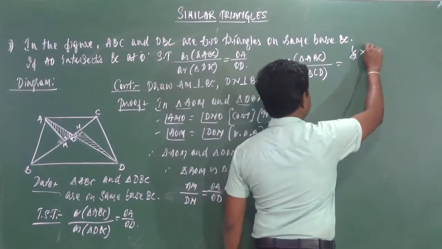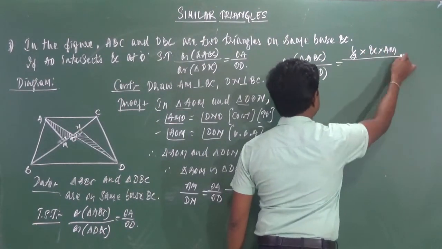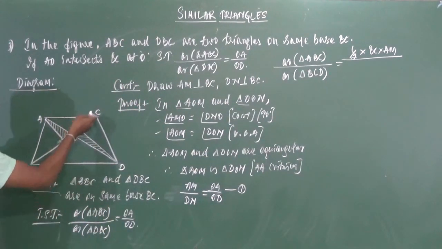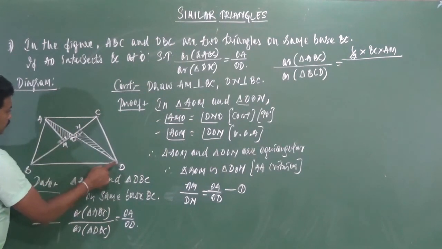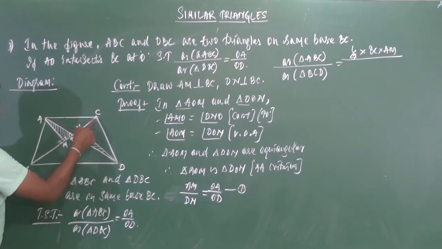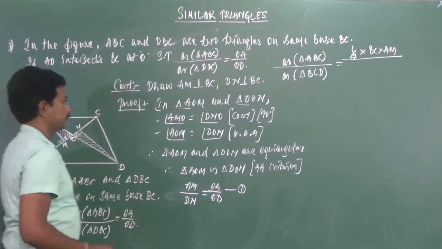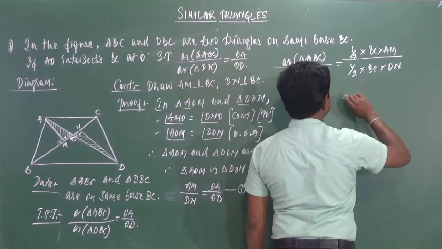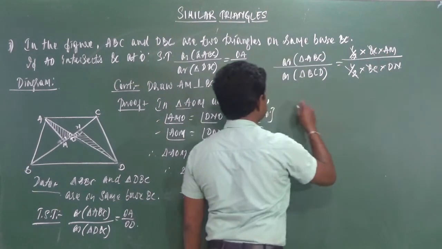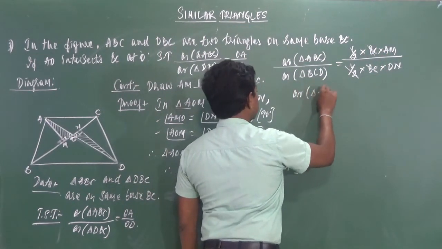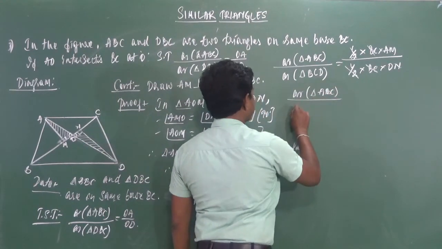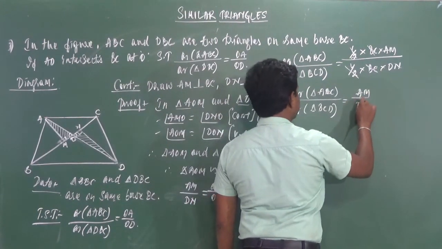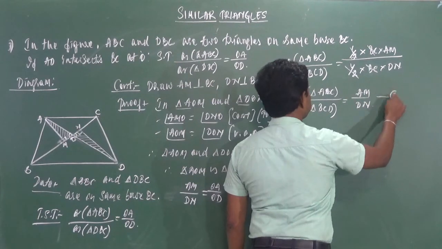For triangle BCD, BC is again the base and DN becomes the altitude, so half into BC into DN. Half and half cancel, BC and BC cancel. So area of triangle ABC by area of triangle BCD is equal to AM by DN. We have got this as equation 2, right?